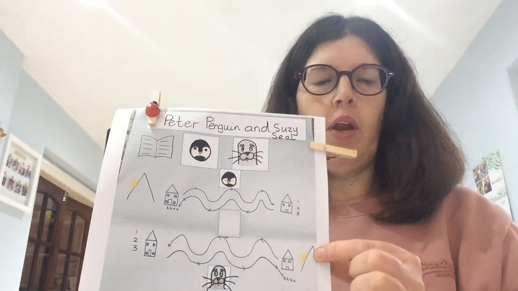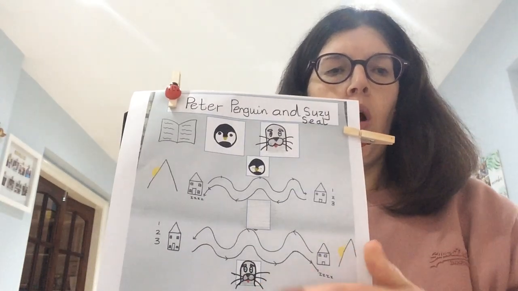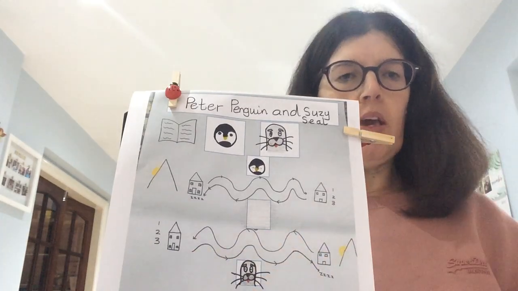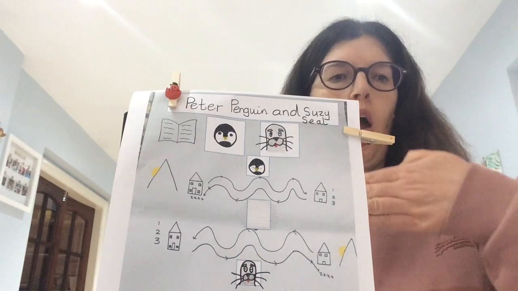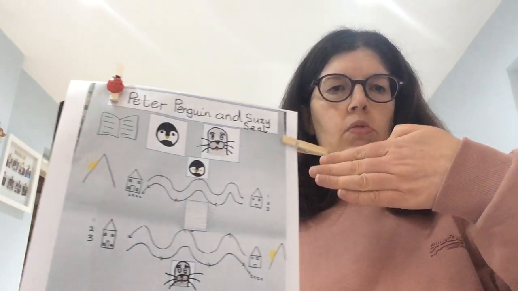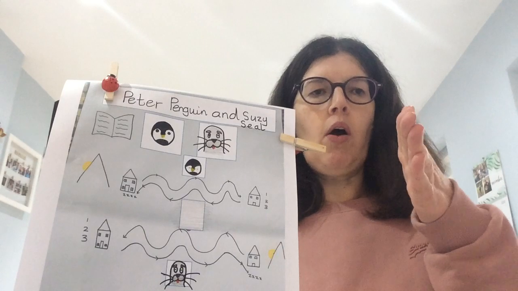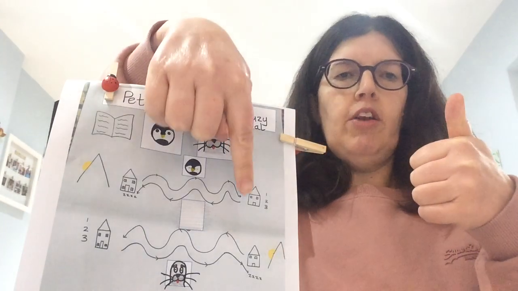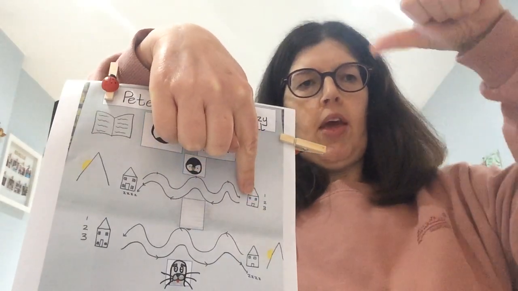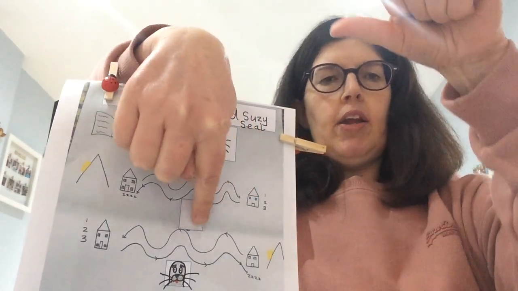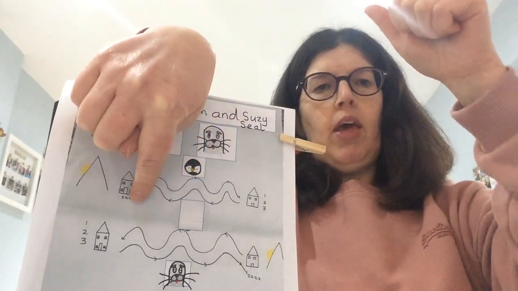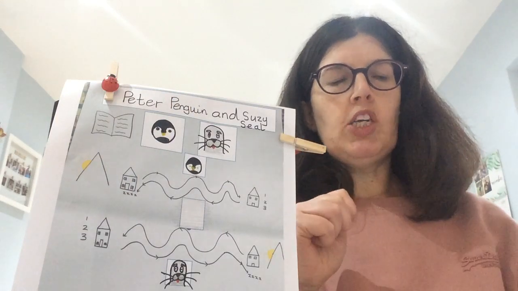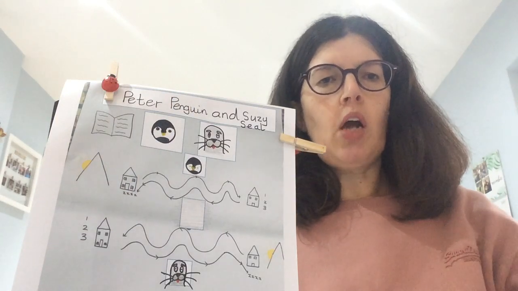The next morning, Susie Seal woke up and decided to visit her friend Peter Penguin. So she opened up the door, popped outside and closed the door. Then she went up the hill and down the hill, all the way to Peter Penguin's house, where she knocked on the door.